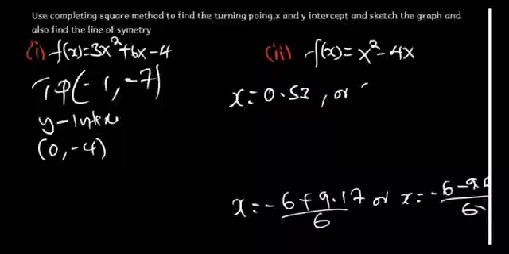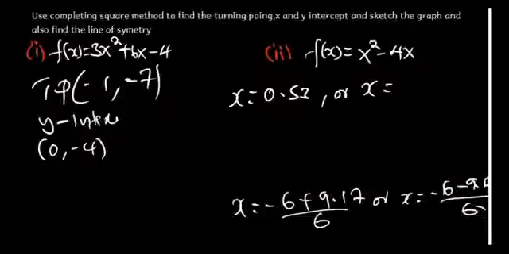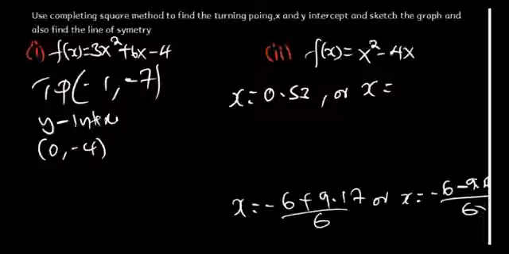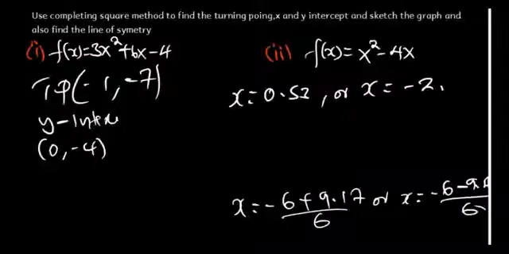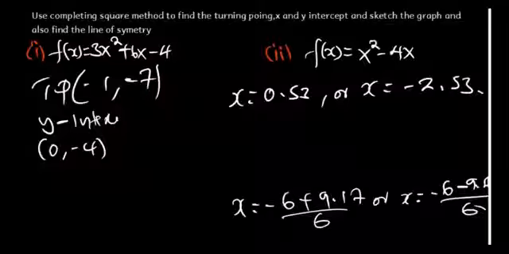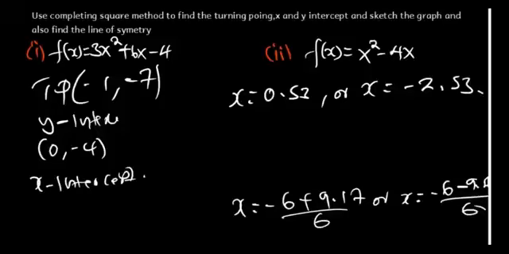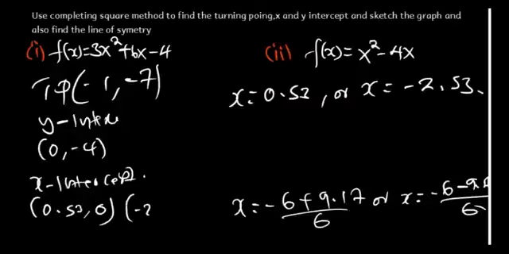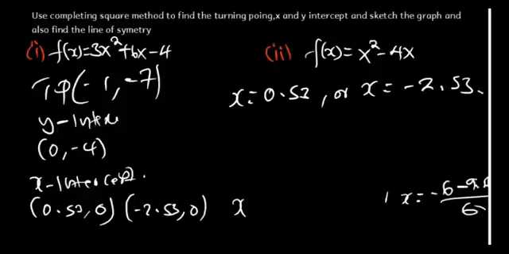Then another one is x equal to negative 6 minus 9.17, divided by 6. I'm getting negative 2.53. So now we have the x-intercepts, when y is 0: 0.53 comma 0, and also negative 2.53 comma 0.